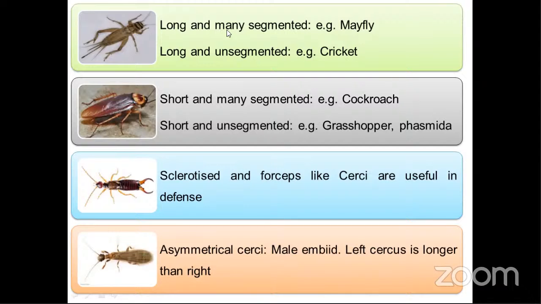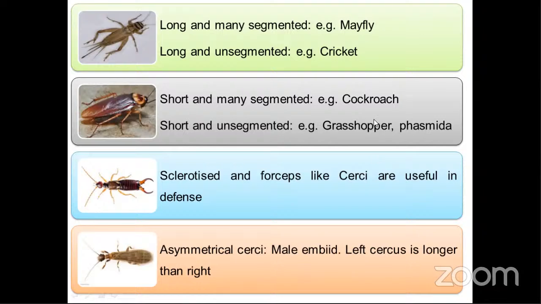So don't confuse this terminology, and don't confuse the examples either. Long and unsegmented is present in crickets. Long and many segmented is present in mayflies. Like that, you can see here crickets and grasshoppers.